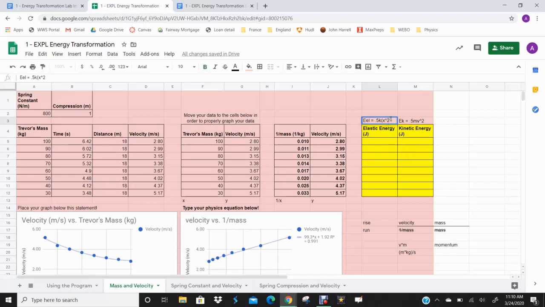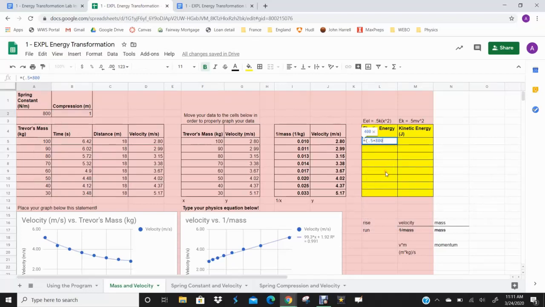Okay. Now, let's put an equation. The nice thing here is that everything for the spring was held constant. The spring constant's 800, we didn't change that, and the compression is 1 meter, and we didn't change that. And those are your two values right there. So we're literally just going to put in 0.5 times spring constant. Actually, don't click on it. Just type it in as 800. If you click on it and then you drag these down, it's actually going to start including these values here.